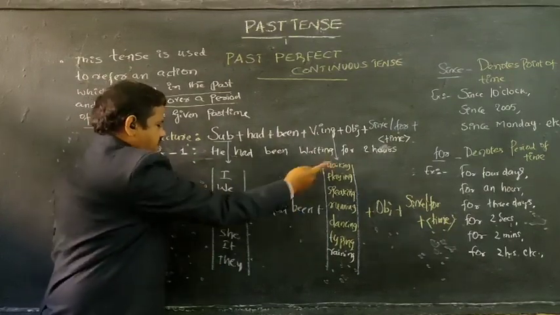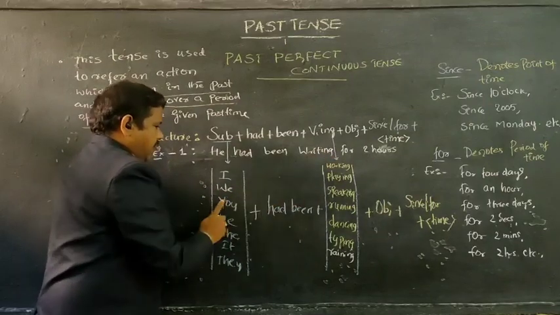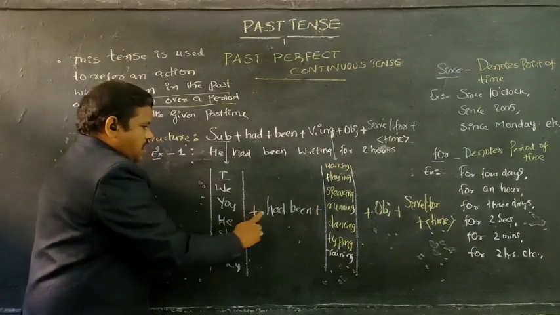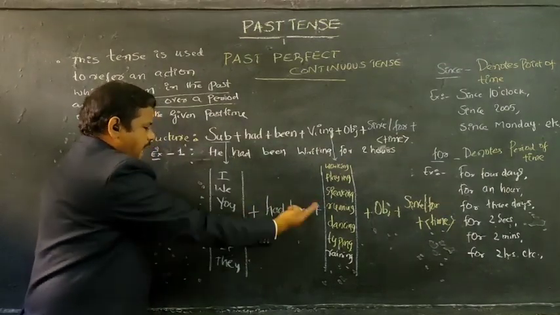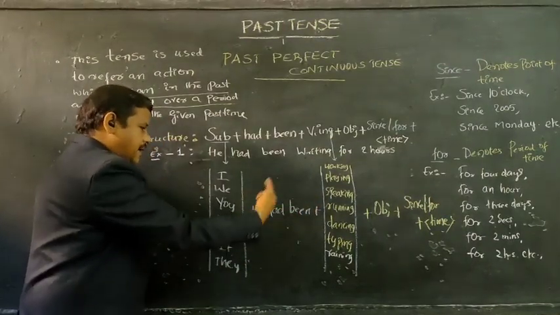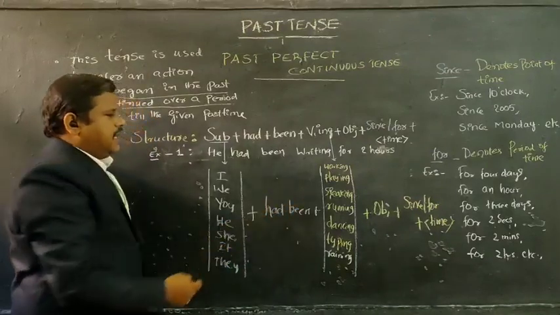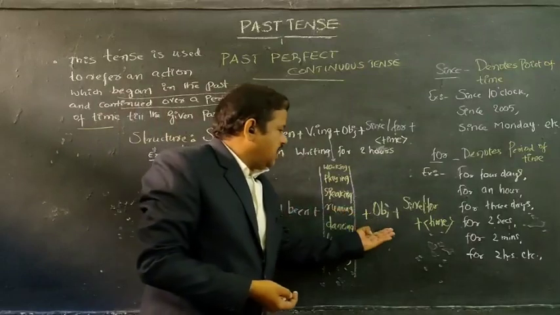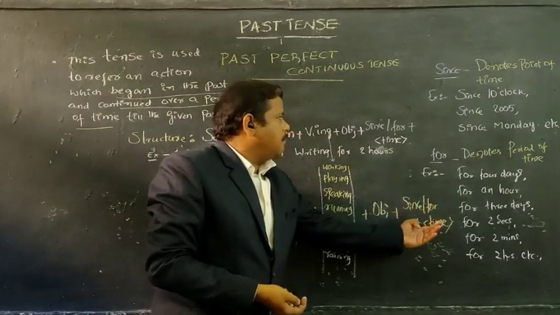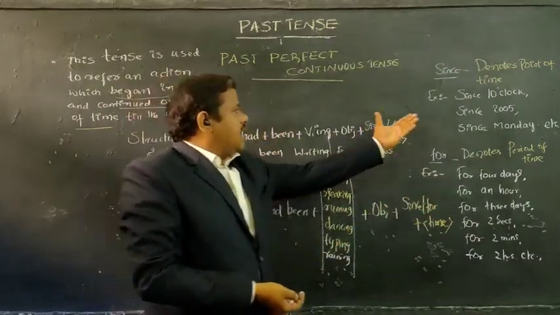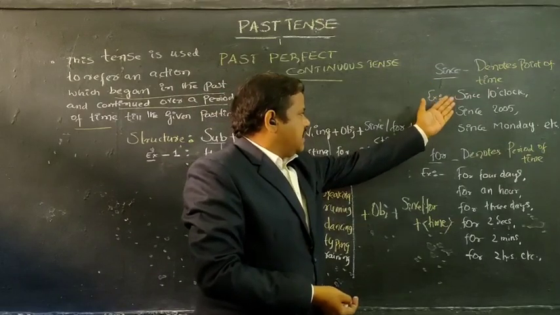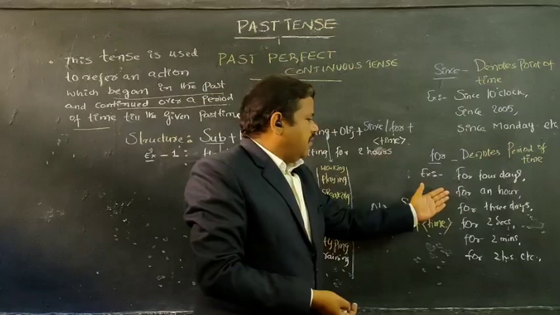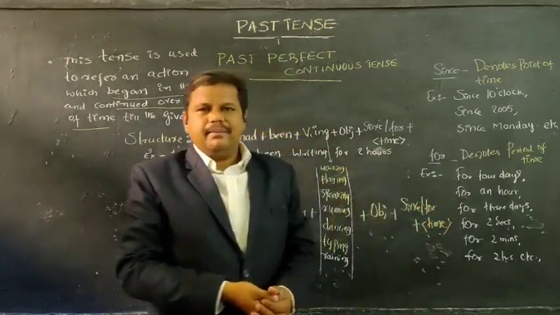I had been working, we had been playing, you had been speaking, he had been running, she had been dancing, it had been typing, or it had been raining, they had been walking. You can write a number of examples with the object followed by since or for plus time. Since denotes a point of time, for denotes a period of time.